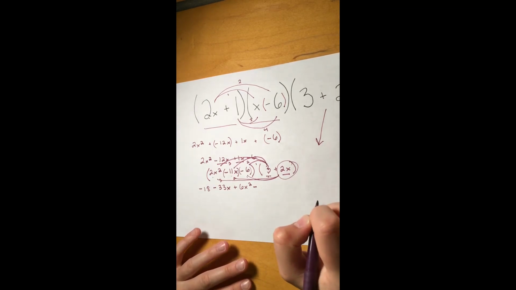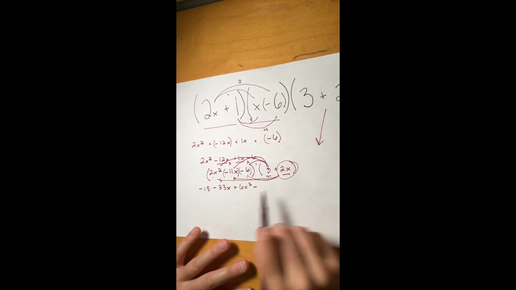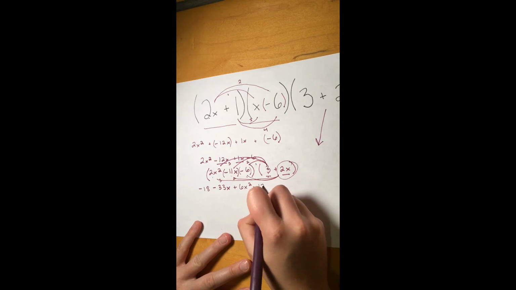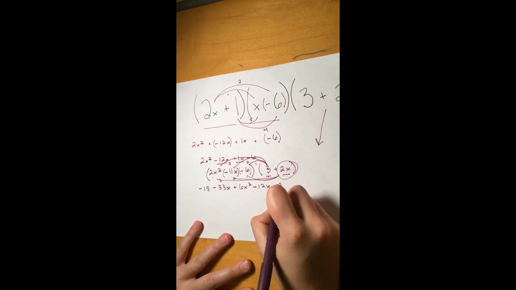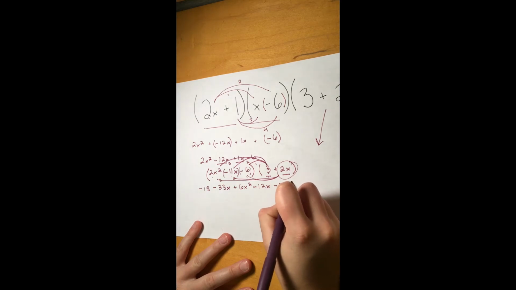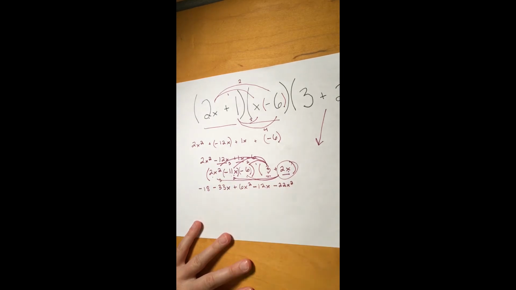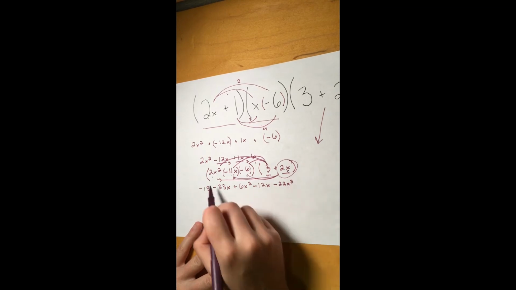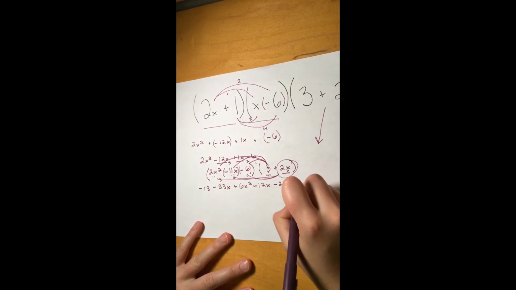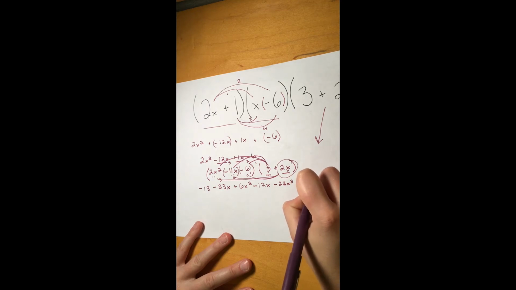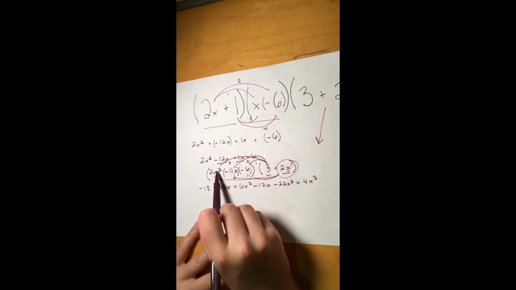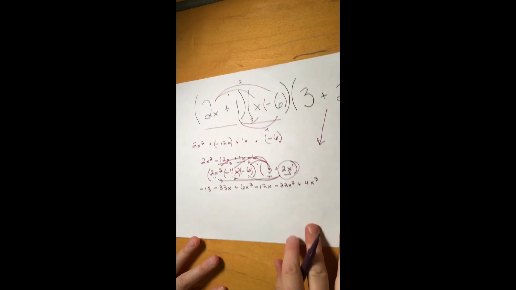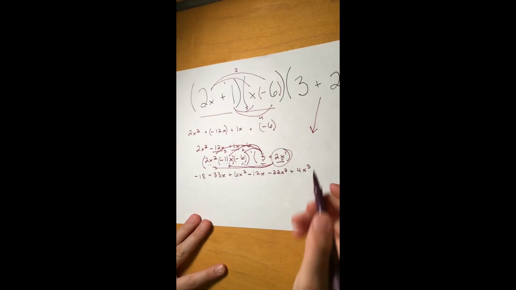Look back to the past examples if that gets confusing. So we have negative 12x, negative 22x squared for these two terms. And finally, the 2x times 2x squared is positive 4x to the third, because we have a first power and a squared. Now we can combine our like terms.